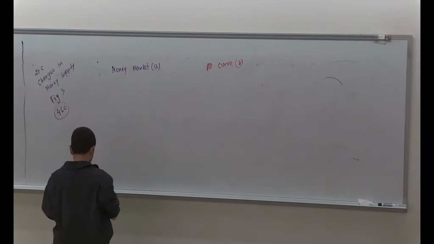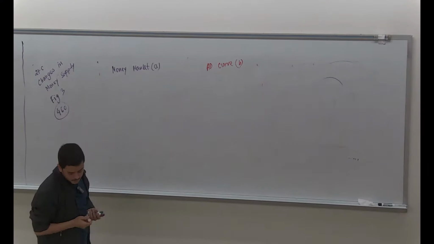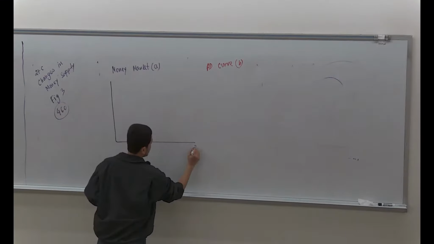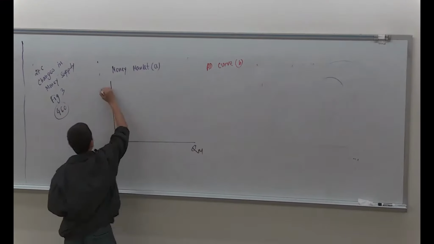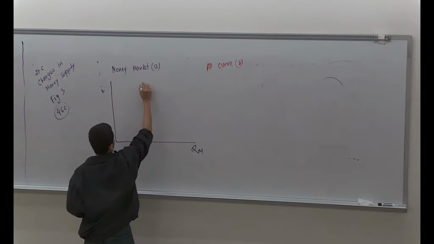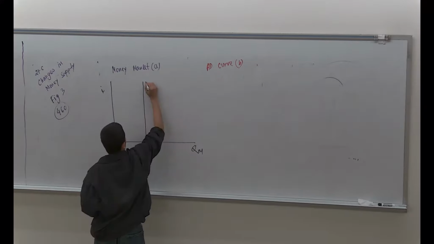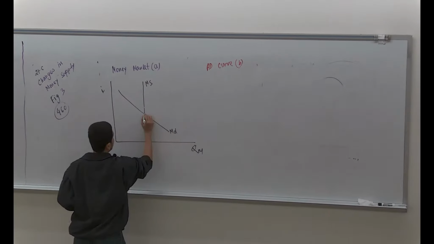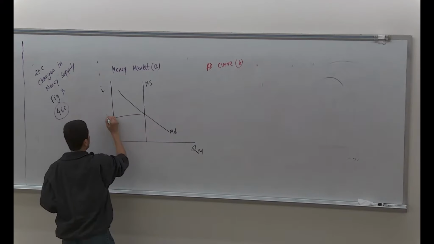So the money market, let's say this is the quantity of money. This is the interest rate, this is money supply, and this is money demand, and this is, let's say, the equilibrium interest rate, i star 1.